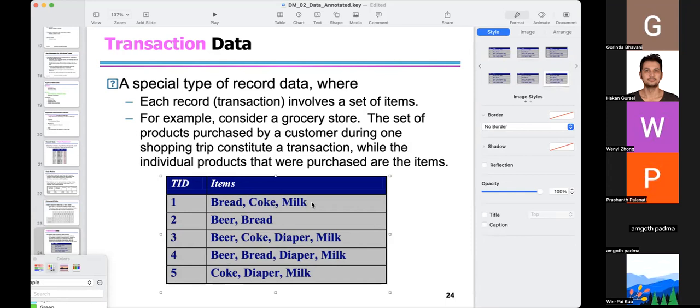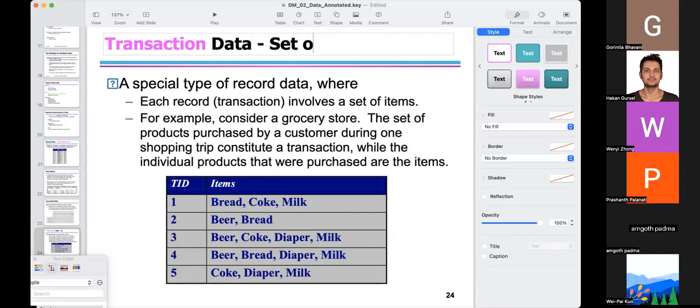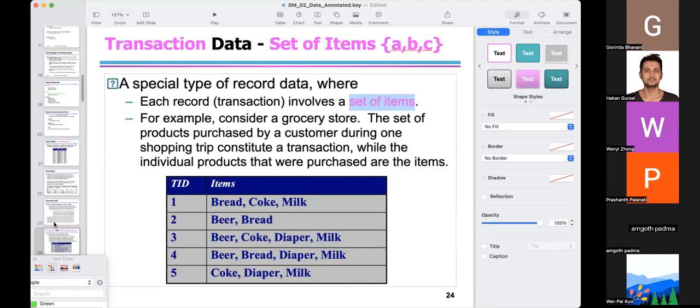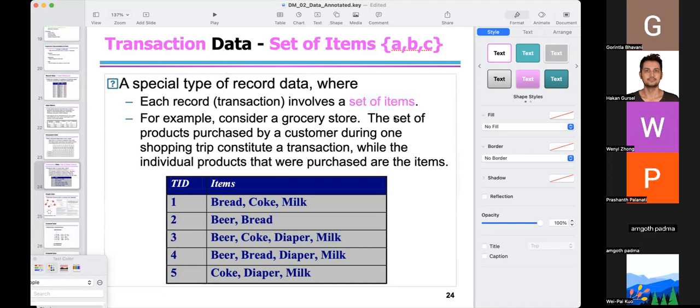That's a transaction: a set of items that was purchased, items A, B, and C. And this is what we will record into the table. A set of products purchased by a customer during one shopping trip is called a transaction.